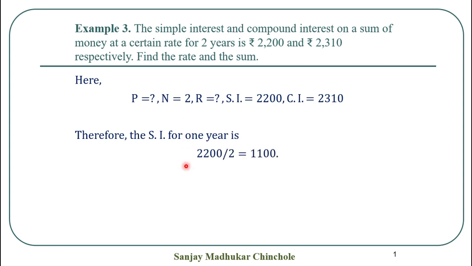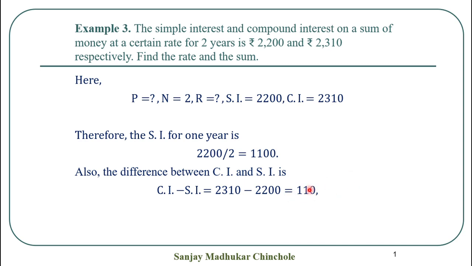Also, the difference between compound interest and simple interest, 2,310 minus 2,200, will be 110. This 110 rupees difference is nothing but the interest on the simple interest of the first year, because for the first year simple interest and compound interest are the same, and in the second year compound interest is calculated on the original principal plus simple interest of the first year.